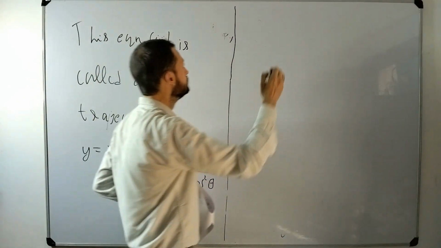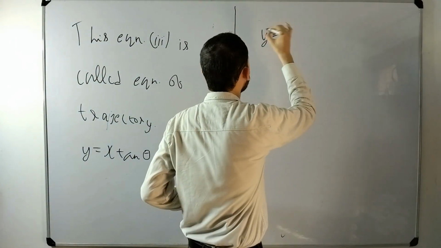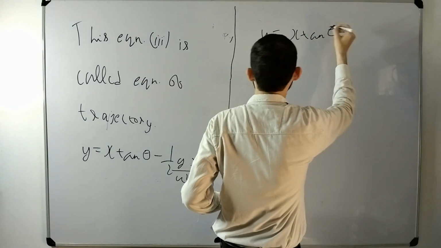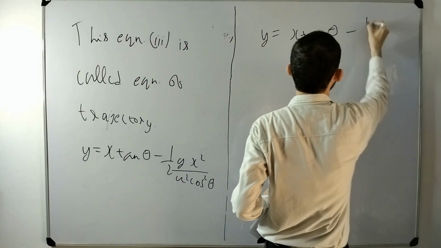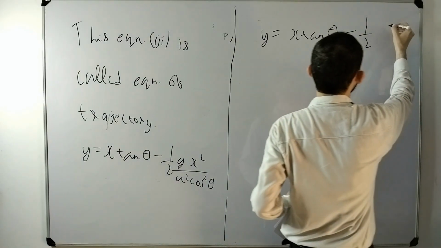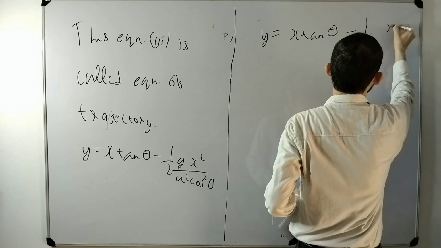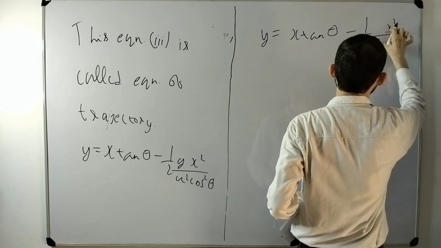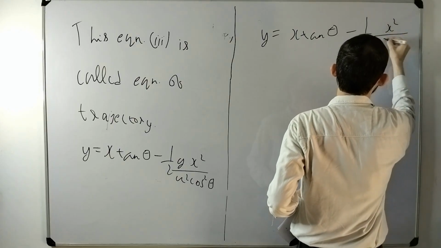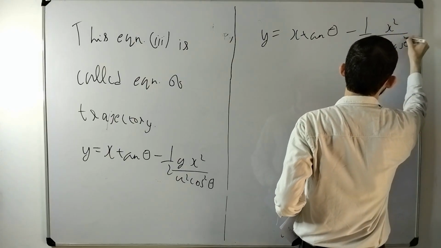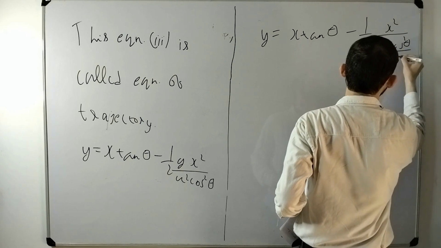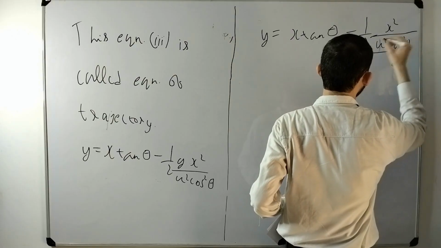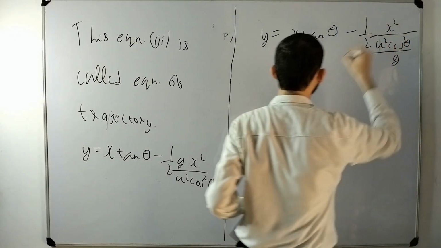You will see how. y equals x tan theta minus half, x square, u square cos square theta, divided by g. Note that u square cos square theta is divided by g, not this.